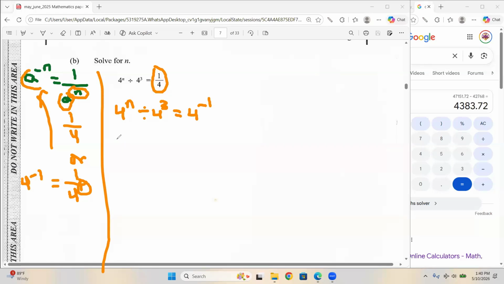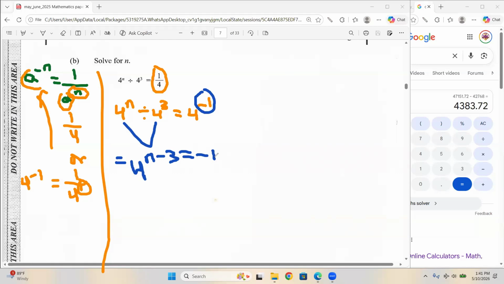So this stuff here could be written as 4 to the power of n take away 3. And based on what we have here, we already have the answer. This will result in negative 1.